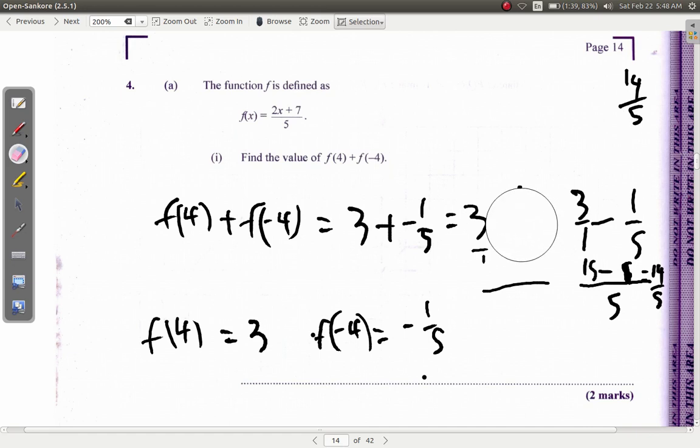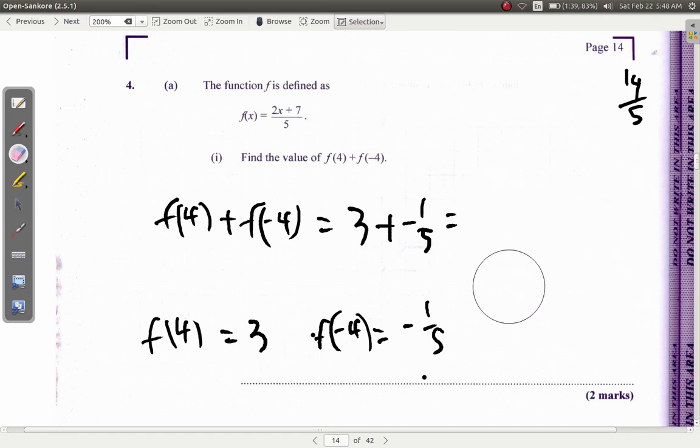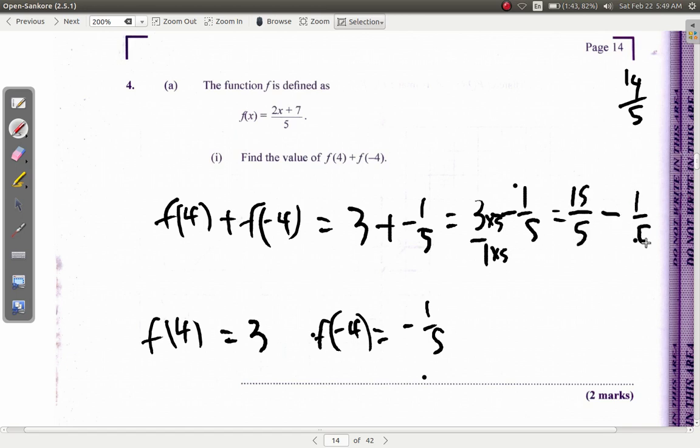Let's look at it another way, just to play around. 3 minus 1/5, that's 3 over 1 minus 1 over 5. We could multiply the 1 by 5 and the 3 by 5 in order to get common denominators. So we have 15 over 5 minus 1/5.